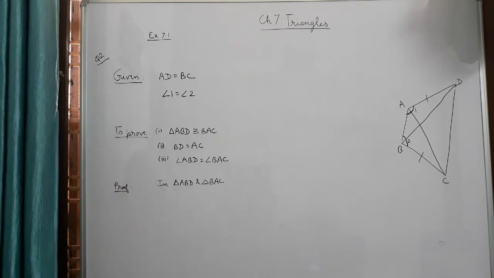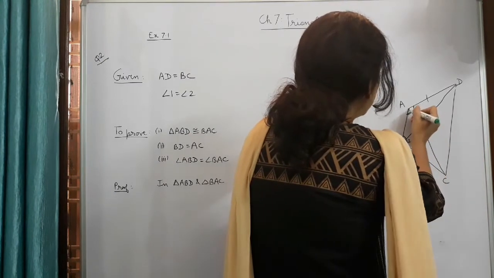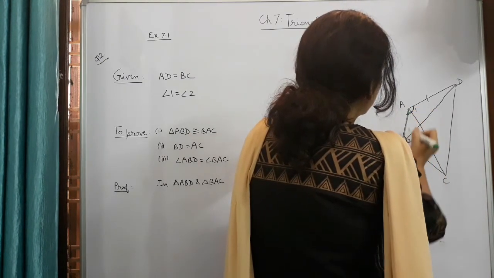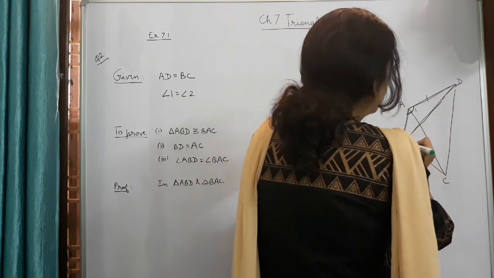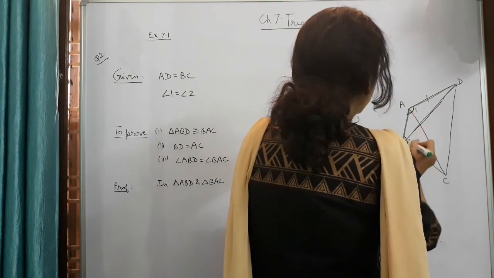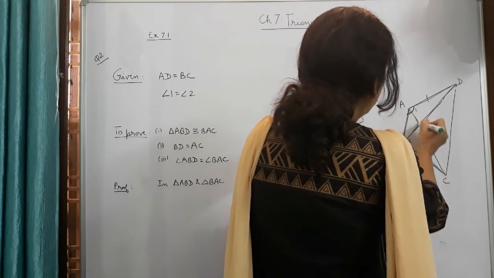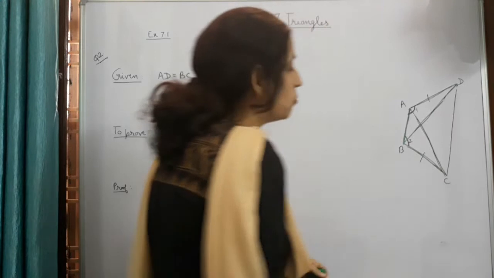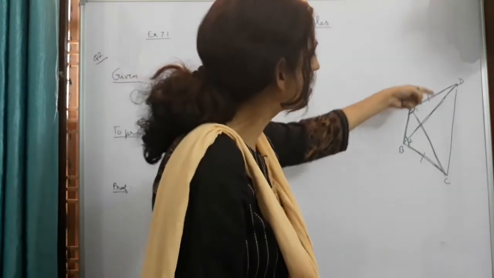Now let us look at these two triangles, triangle ABD and triangle BAC. This is triangle ABD, and here we have triangle BAC. In both these triangles we see that this is the common side and these are given to be equal. So let us write down.